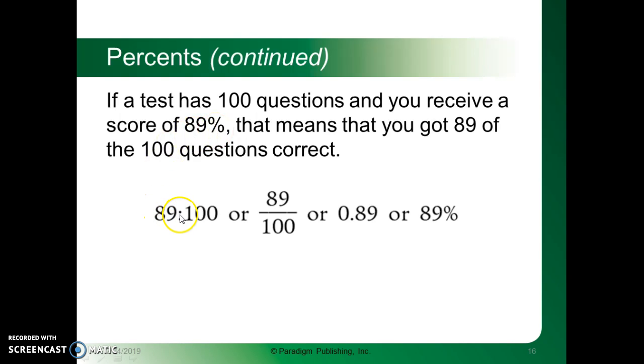So 89 to 100. Or the 89 would be the numerator and the denominator would be the 100. So 89 over 100, or 0.89 as a decimal. Or again, back to our percentage, which is 89%.